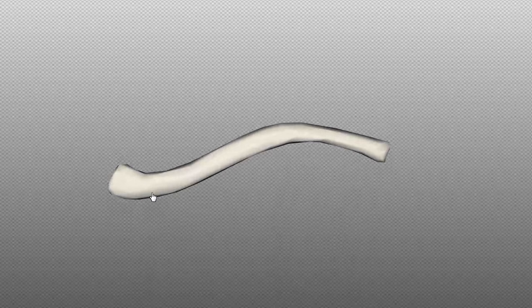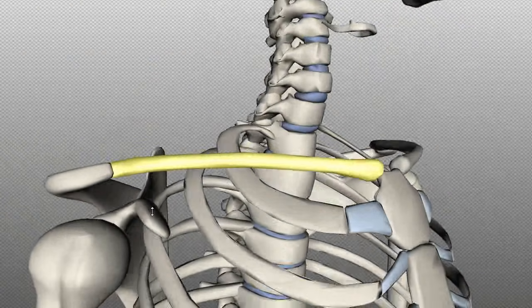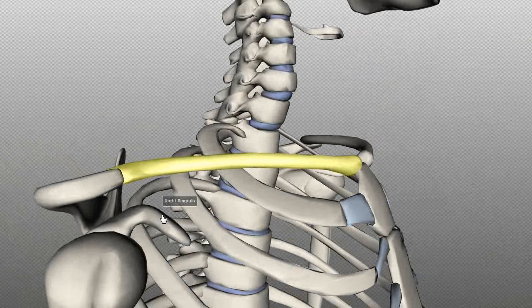Approximately here you have this little bony outgrowth called the conoid tubercle, where the coracoclavicular ligament attaches. The coracoclavicular ligament attaches the coracoid process, the coraco part of that word, to the clavicle, so it runs from here to here.